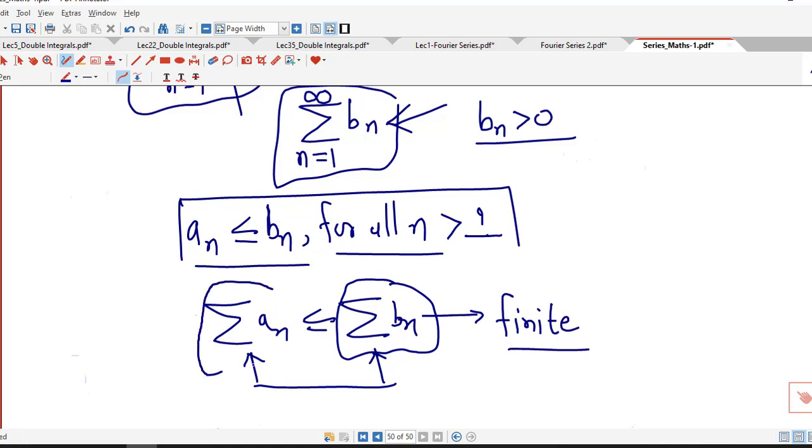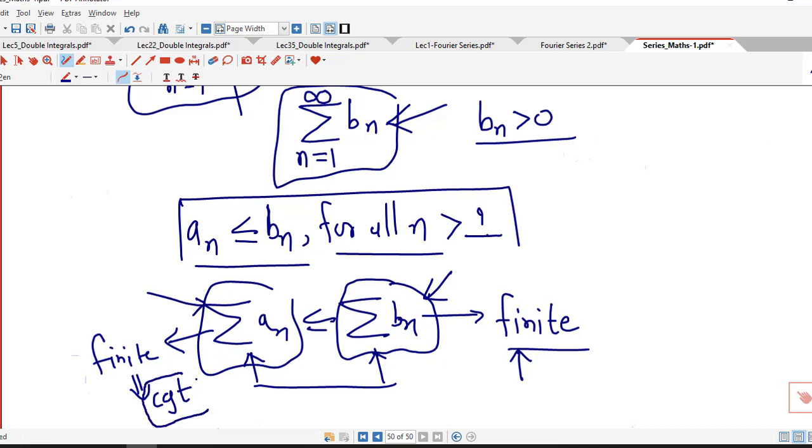Then because this sum is smaller than this sum, it is also going to be finite, and therefore it is convergent. So if this bigger series is convergent, this series is also convergent because it is smaller. So if we can find another series of positive terms, say sigma bn, such that an is less than or equal to bn for all n, then if sigma bn is convergent, sigma an is convergent.